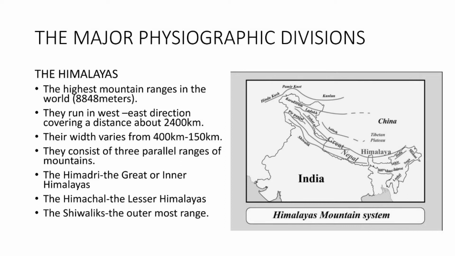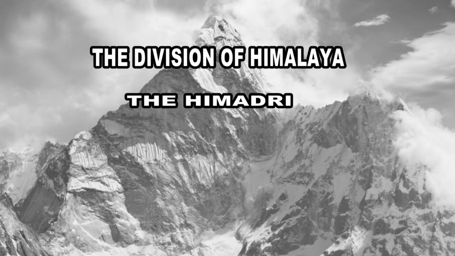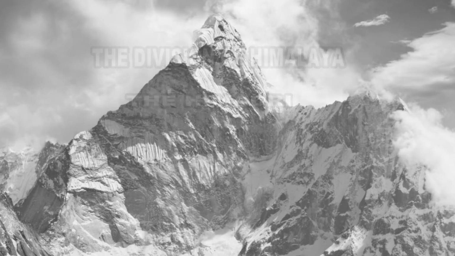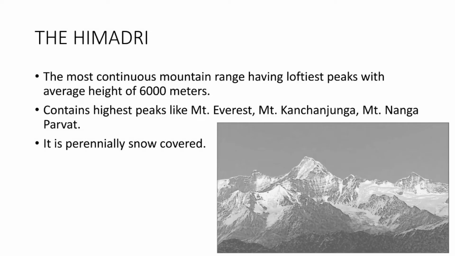The Himalaya is divided into three ranges. Number one is Himadri, that is the inner Himalaya. The second one is Himachal, and the last one is Shivalik, that is the outer Himalaya. Coming to Himadri, this range mostly has all the highest peaks of the mountain.